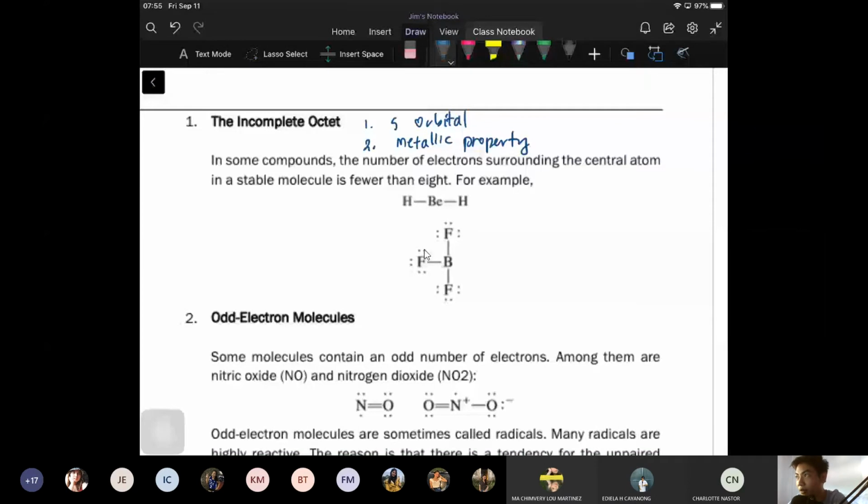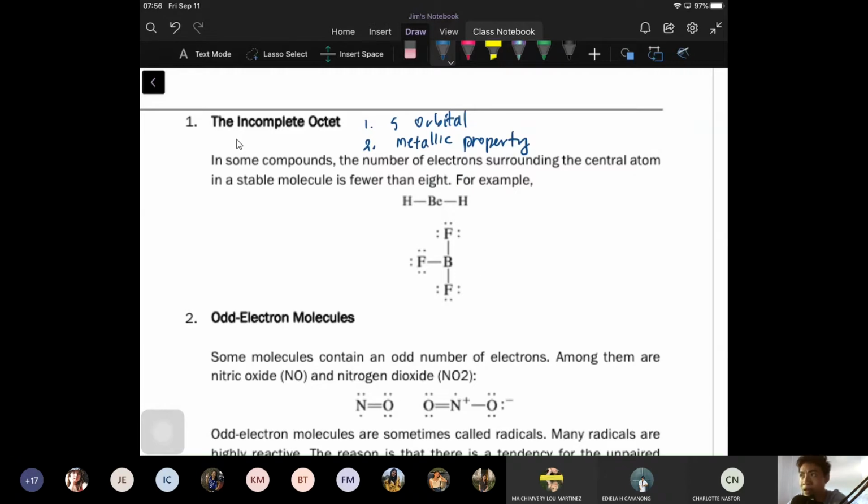Let's have another example. BF3. So, itong BF3, tignan natin. The boron only contains 6 electrons around it. Di ba nasa p orbital yan? Yes. Pero again, boron possesses metallic property. So, okay lang kahit less than 8 yan. Kasi medyo metal yan eh. Okay?